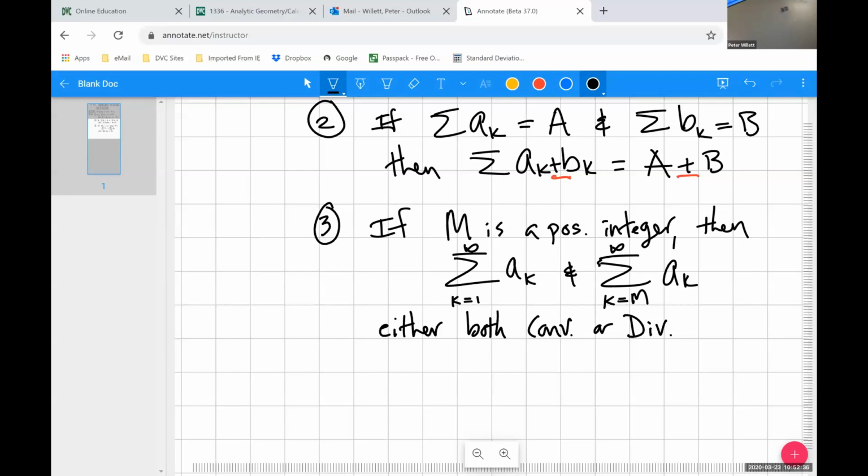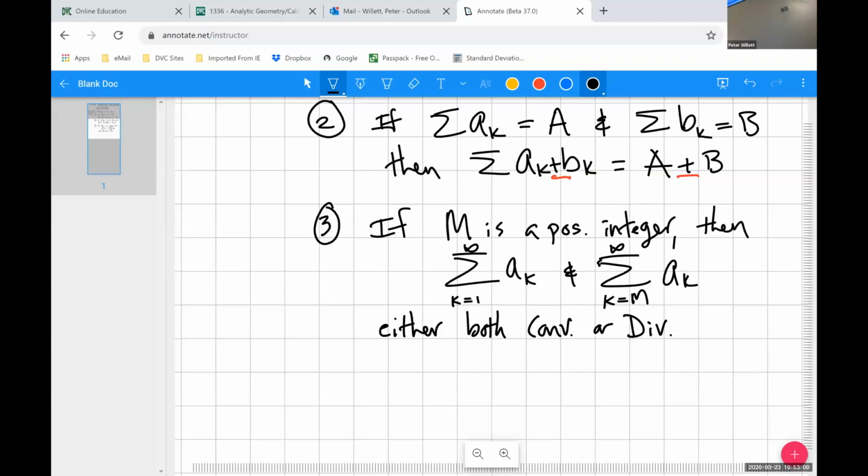Let me just consider what happens after the 1,000th term or after the billionth term, because that's what's going to determine whether it diverges or converges in the end, not the first finite number of terms. So 3 is a more interesting point to think about.